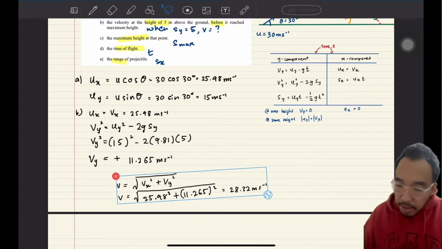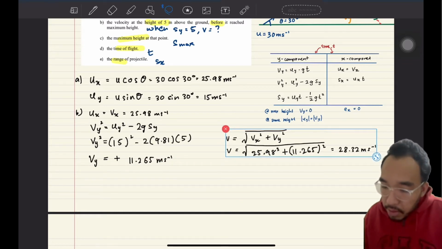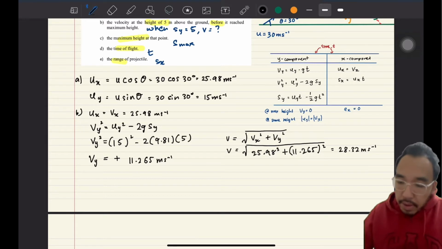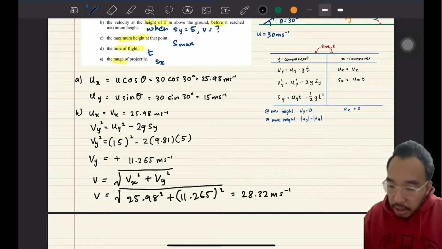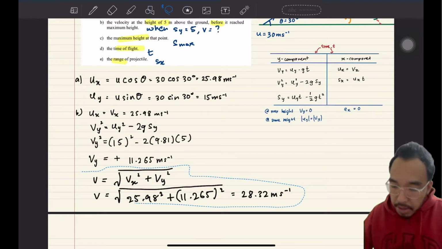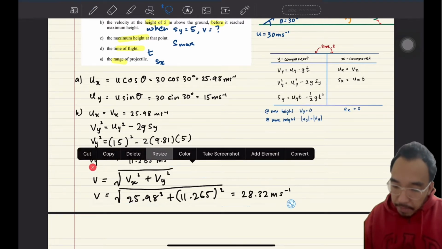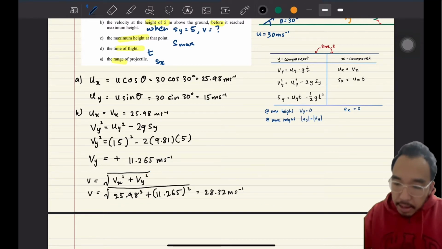Resize, make it smaller. Maybe I can do it over here so that you can see clearly. This is the magnitude, and for the direction, like I always told you, the tangent theta. I need more space. So I make it smaller, put it down here, and then divide this page into two.